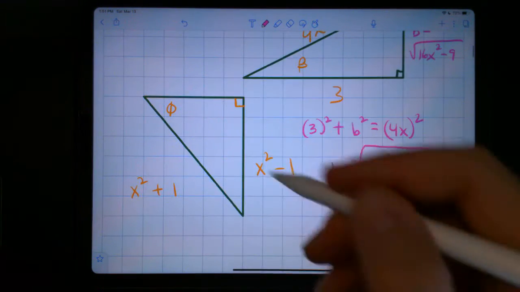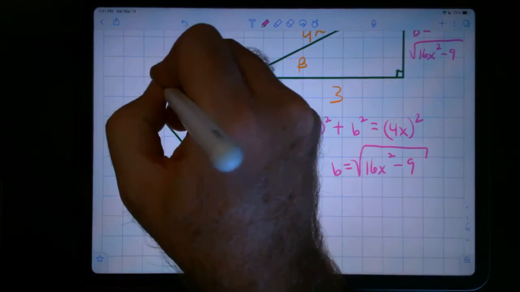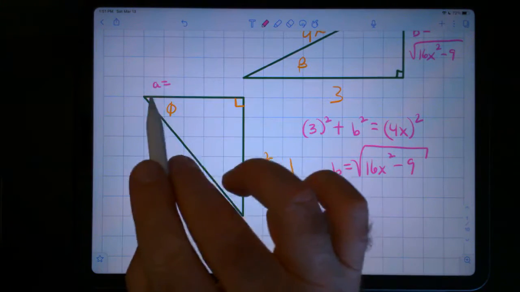And then let's call this A to find this length.